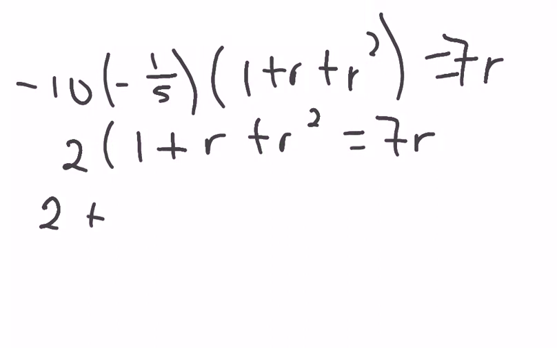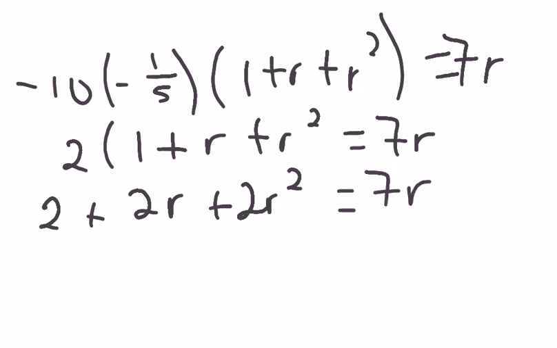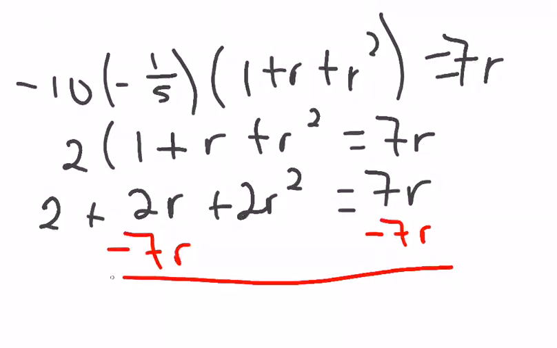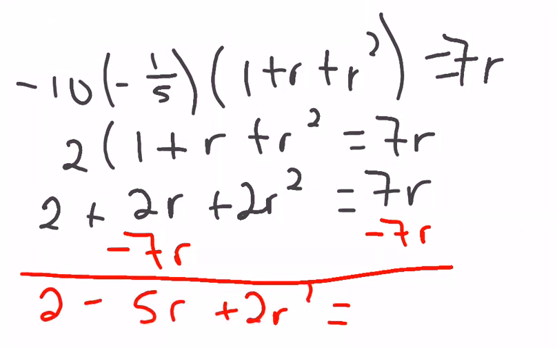So we have 2 plus 2R plus 2R squared equals 7R, and since that looks like a quadratic, then we want to solve it like a quadratic. So we have to subtract 7R from both sides, and we get 2 minus 5R plus 2R squared equals 0.